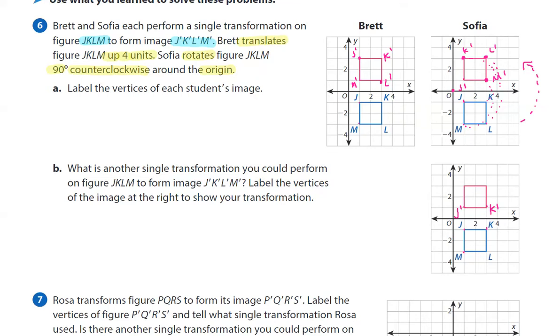M is now flipped all the way up there, and L has flipped up here because they're reflected across the line of reflection, which in this case is the x-axis. There we go. I guess we should write down what we did. Reflection.